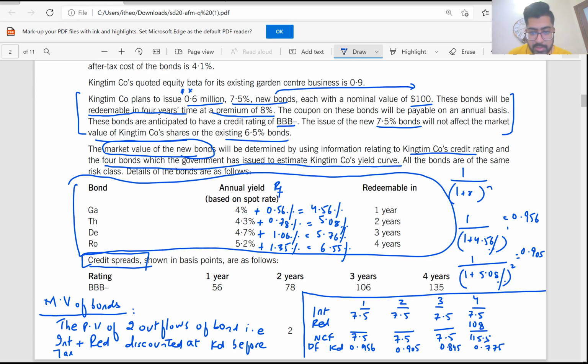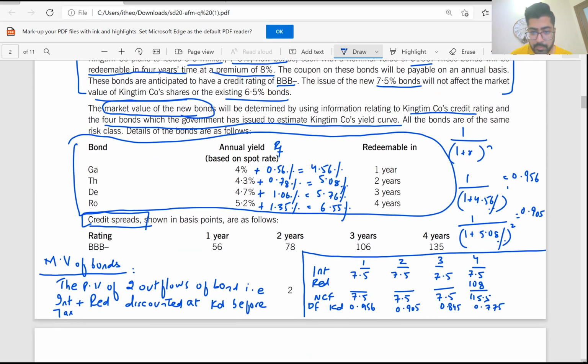Once these net cash flows are multiplied by the discount factor, we end up getting present values.